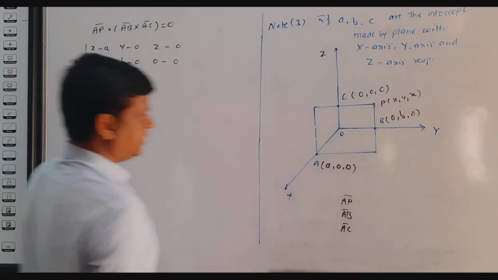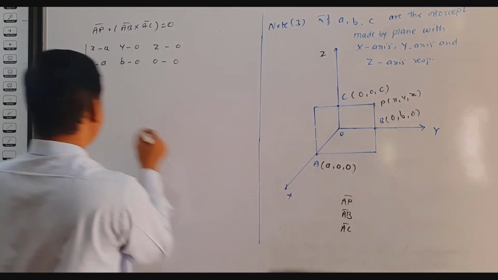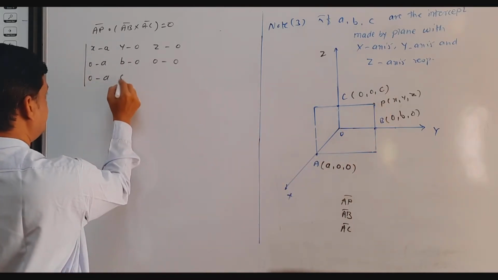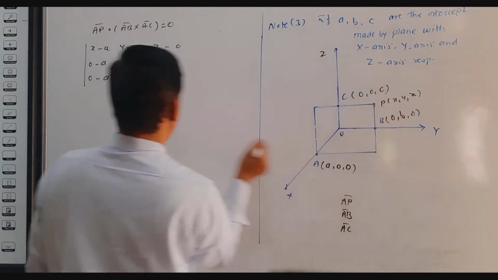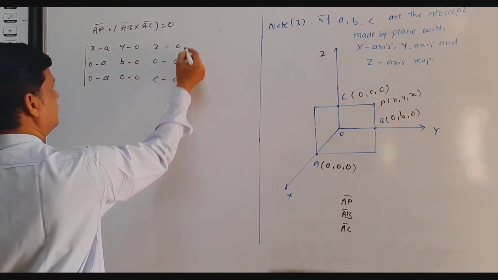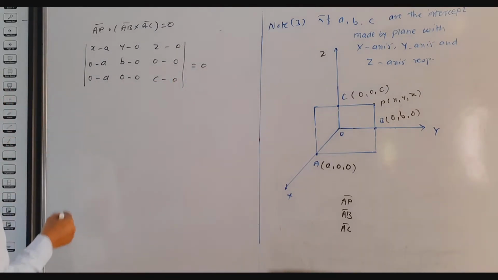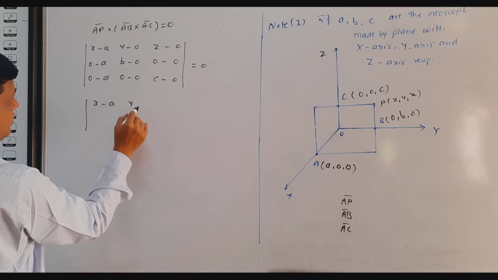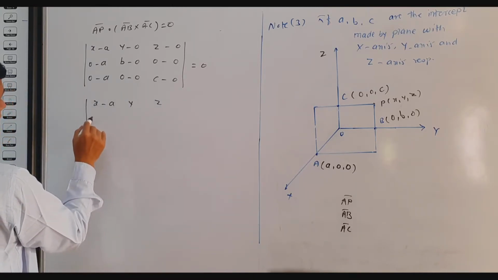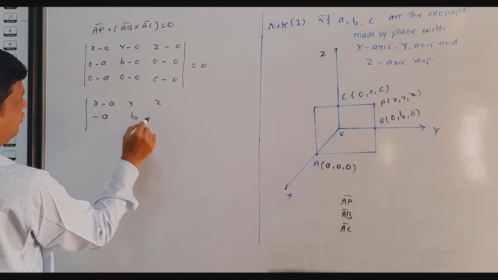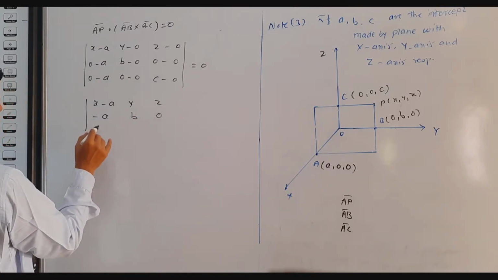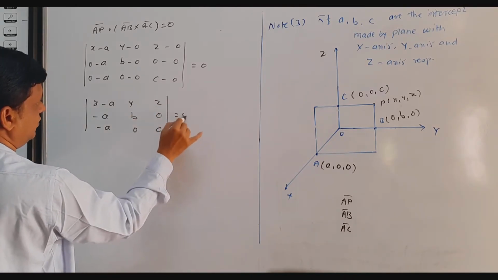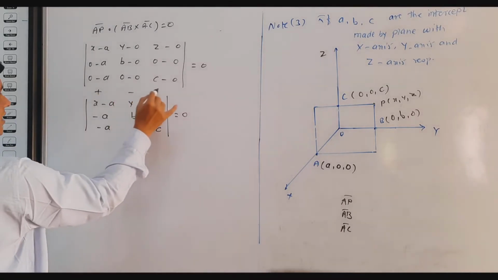And for vector AC we write 0 minus a, 0 minus 0, and c minus 0, is equal to 0. Now we write this in simplified form first: x minus a, y, z; minus a, b, 0; minus a, 0, c; equal to 0. Now solve this determinant.